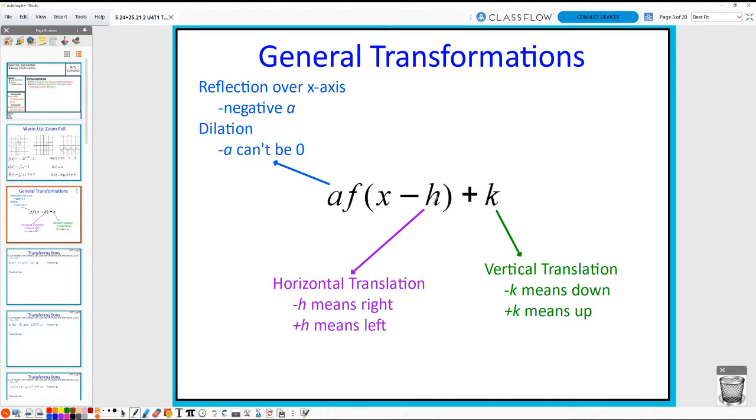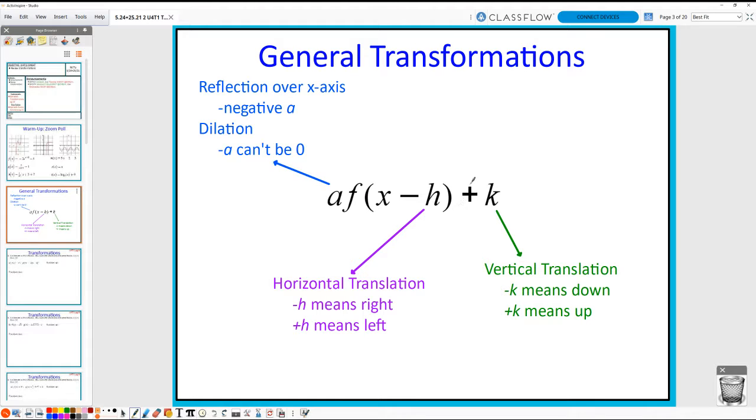So if you have a minus h, it's going to be right. A plus h is going to be left. We're going to talk about this more later, but if you think about it, if I'm subtracting some number from x, I'm kind of delaying what's happening. So that's why it's to the right, and vice versa for plus h.